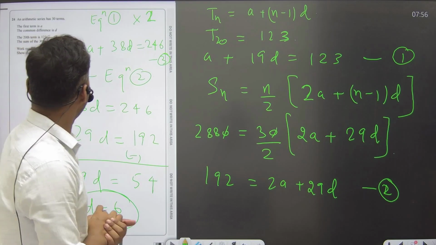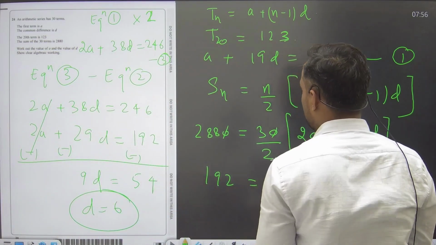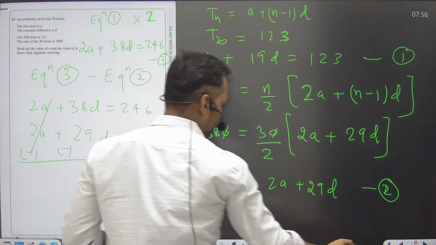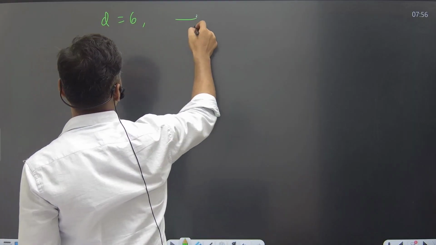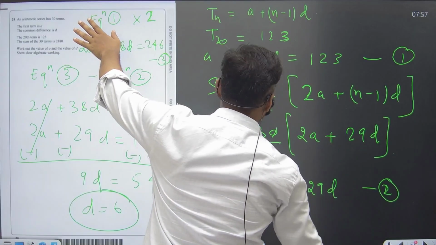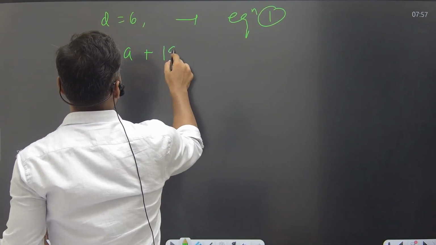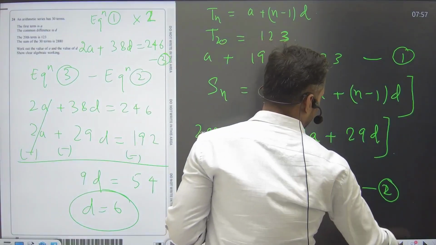d will be 6. Now we plug the value of d equals 6 into equation number 1. So you will get a plus 19 into 6 equals 123.